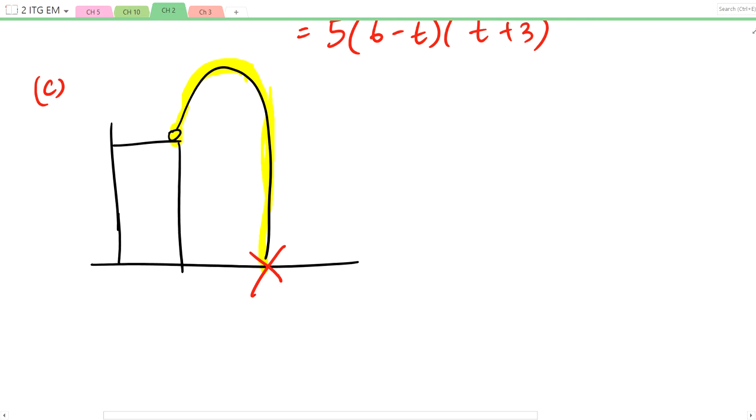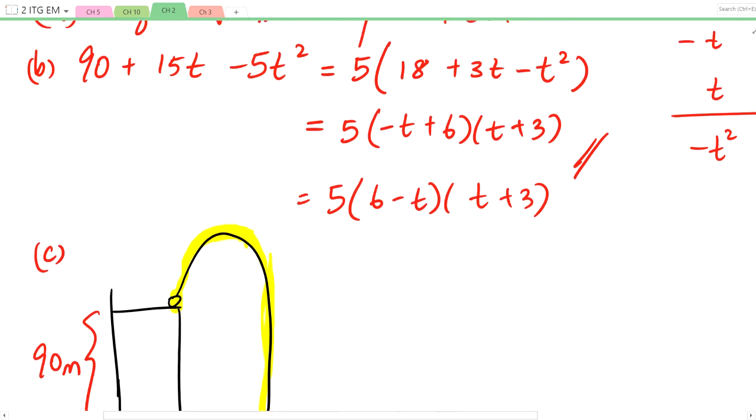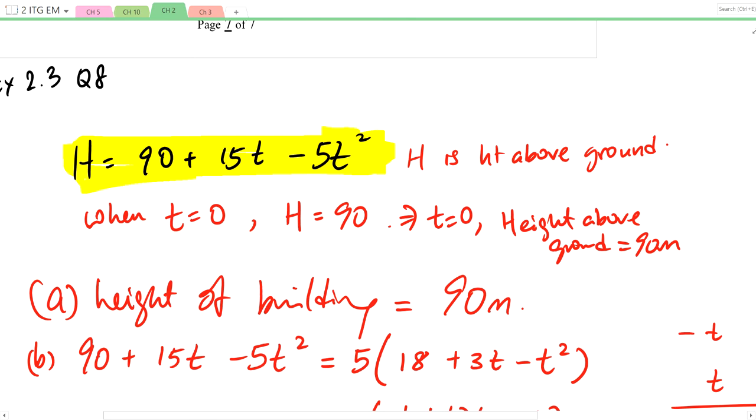Yeah, because that tells us the entire time taken, right? Over here, we say that this is 90 meters. Can you tell me what is the value of h over here? What is the value of h over here? 0.